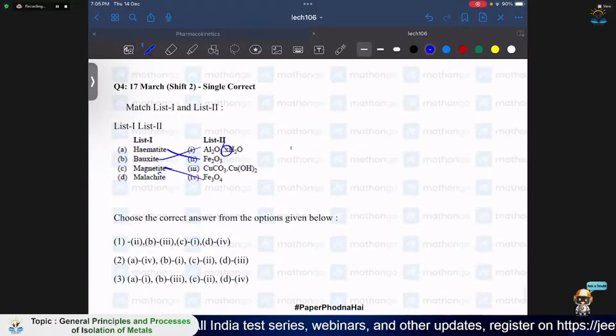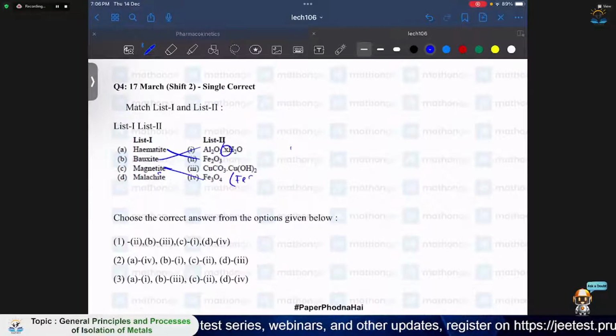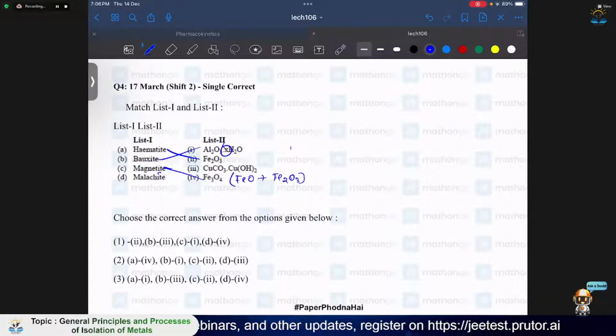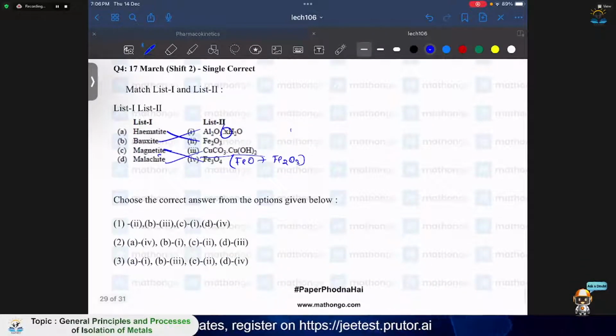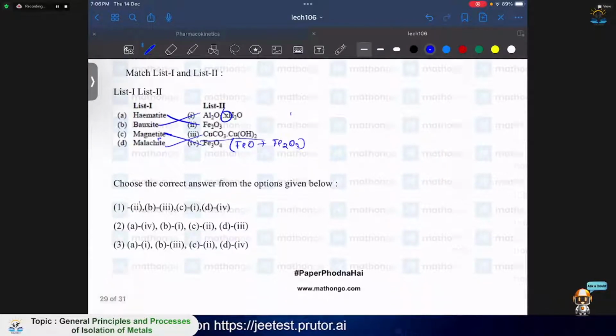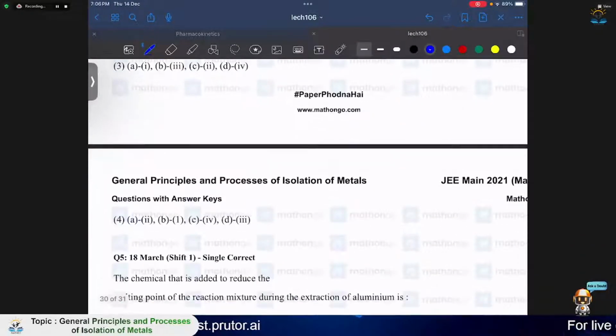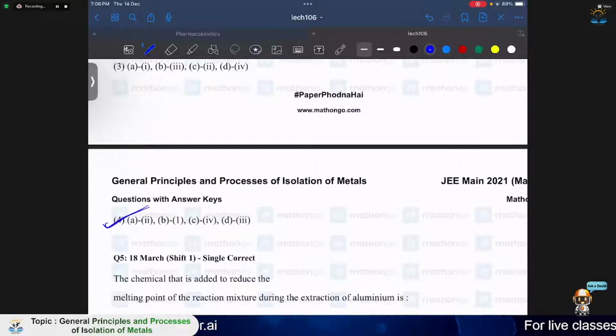Magnetite, I told you, is Fe3O4, which is basically FeO plus Fe2O3. Malachite, the copper ore, is copper carbonate and copper hydroxide. So one with cut, two with peak, one with the fourth. So the fourth option is the correct option.